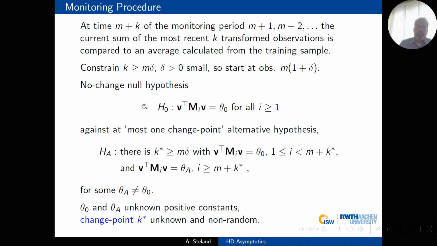So we have the no change hypothesis that our quadratic form of the second moment matrix is constant all the time, against the at most one change point alternative hypothesis, where it is assumed that there is a change point denoted by k star behind m plus m times delta, where up to this point we see the value theta, but after the change point we have a different value.